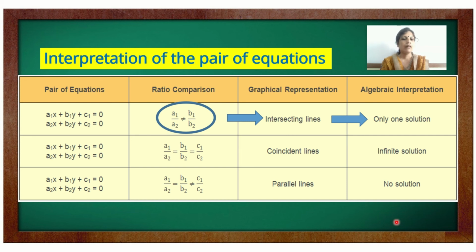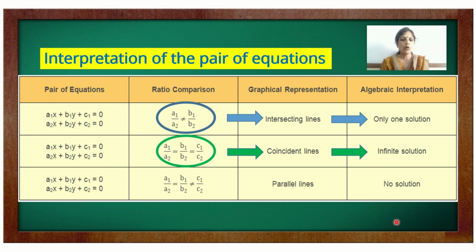Now if you find that the ratio a1 upon a2 is equal to b1 upon b2 is equal to c1 upon c2, in that case the graphical representation of the linear equations in two variables will be coincident lines. Both the lines will coincide with each other. Both the lines will overlap each other. That shows that the equations have infinitely many solutions.